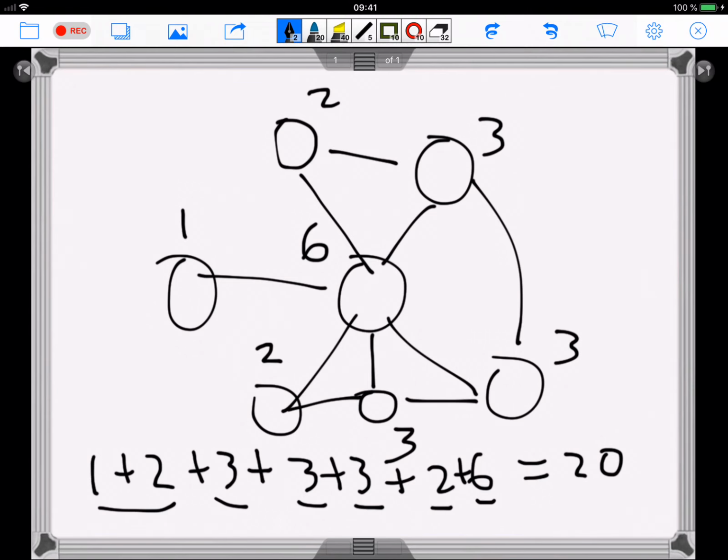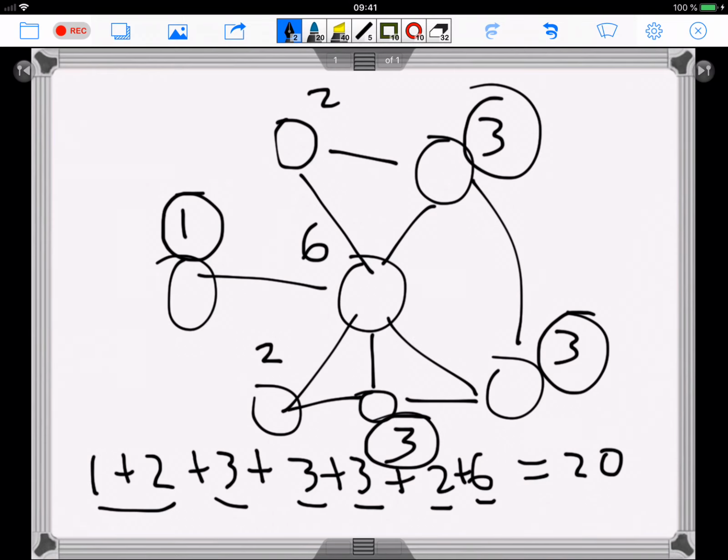What vertices have odd degree? So we have this one with degree 1, this one with degree 3, this one with degree 3, this one with degree 3. Okay, so we have 4 vertices with odd degree, and 4 of course is an even number. Okay, so again in this graph the result is true, but it is true in general.